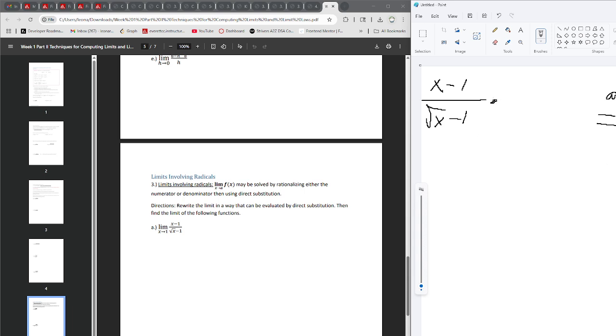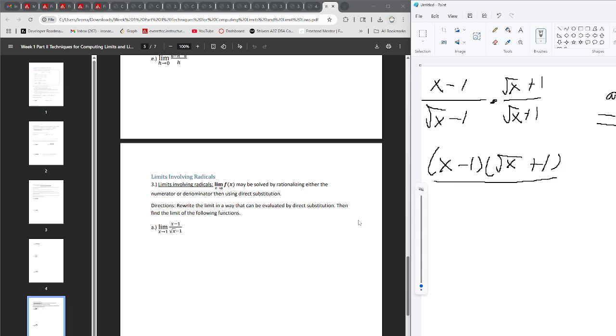So we're just gonna multiply this by the conjugate of the bottom, square root x plus 1. Since we know the difference of squares magic, we can just say the middle term cancels out, so we just need to worry about these. This ends up being x minus 1 times square root x plus 1 over x minus 1.